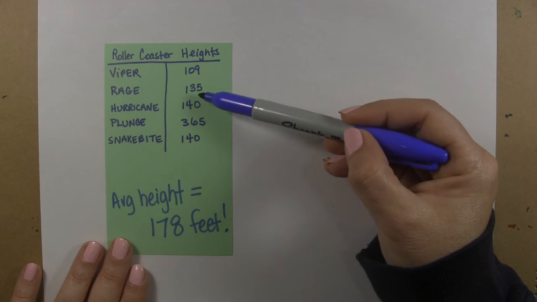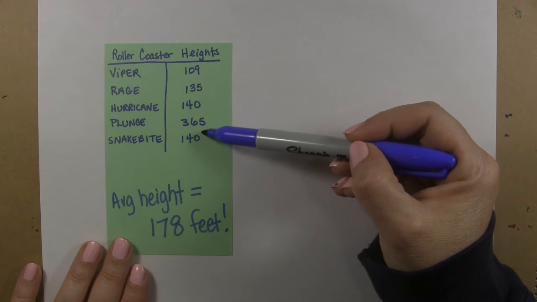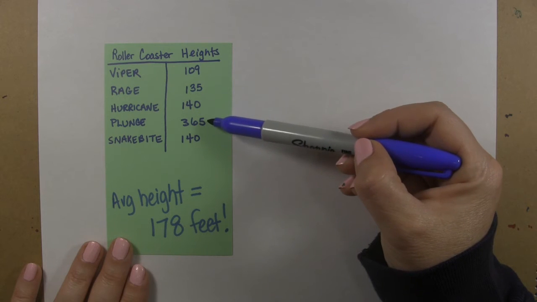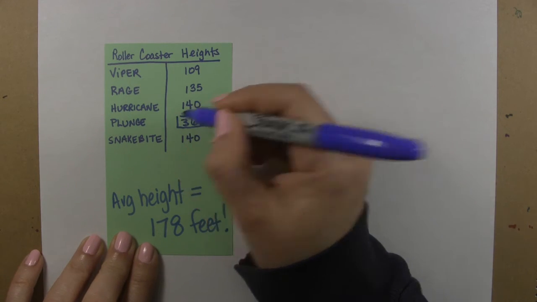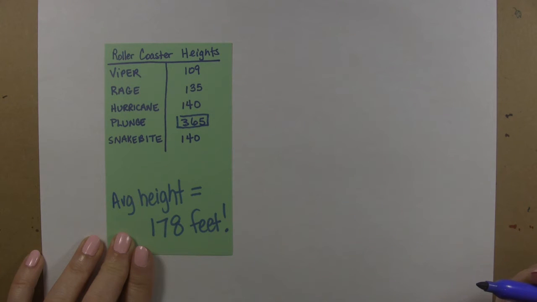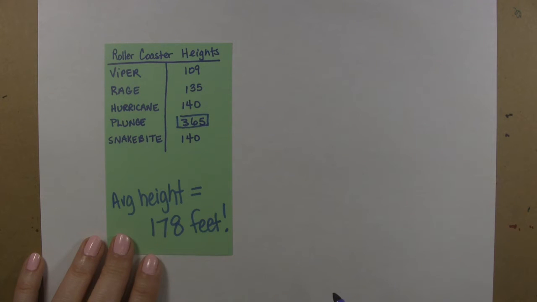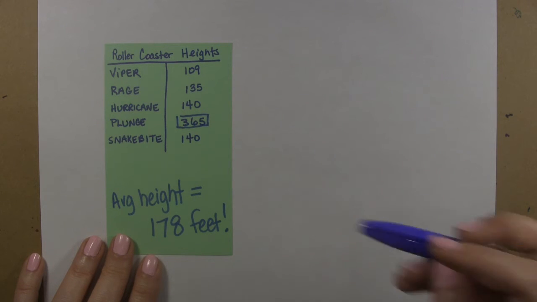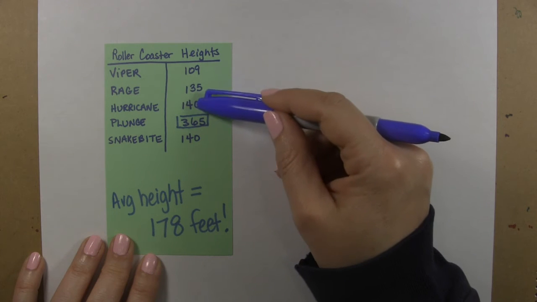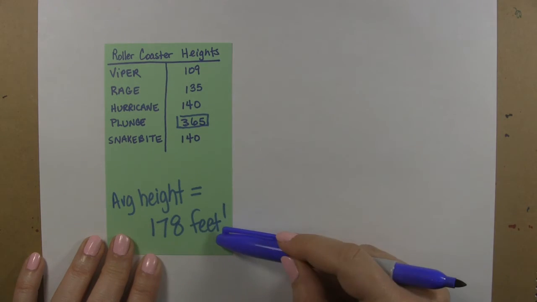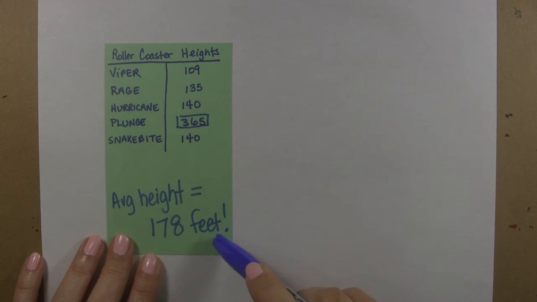But look at this roller coaster information. Where do you see anything even remotely close to 178? Nowhere. We have one outlying roller coaster. Outlying means way off the charts compared to everybody else. So we have one outlier, but everything else is much smaller than 178 feet.